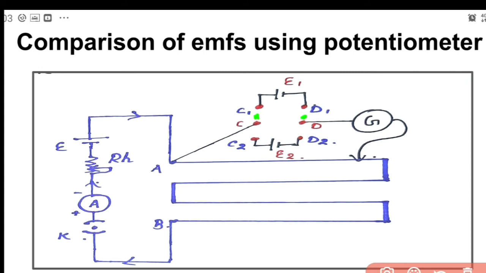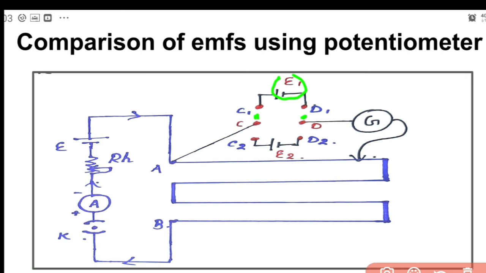So which cell will be included in the circuit? The cell of EMF epsilon 1 will be included in the circuit. When epsilon 1 is included in the circuit, now you have to press the jockey over the potentiometer wire, and at one particular point, the galvanometer will show 0 deflection.